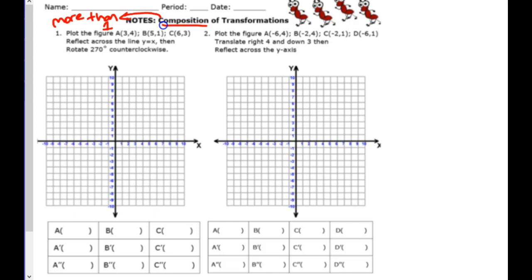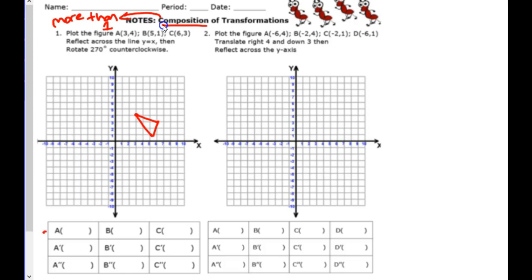3, 4. Everyone's graphing. 5, 1. 6, 3. You get a little triangle on there, right? And then you want to write those. You got something to write with? There's a little bag, pencil over there. Then you want to write those points down here.